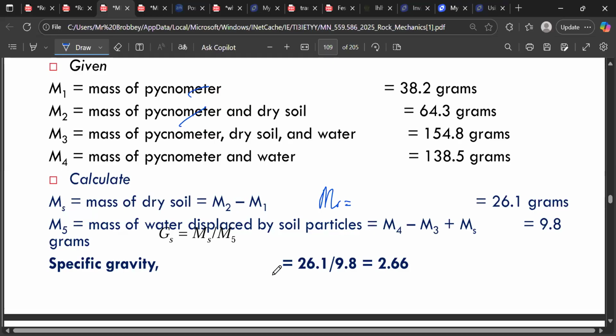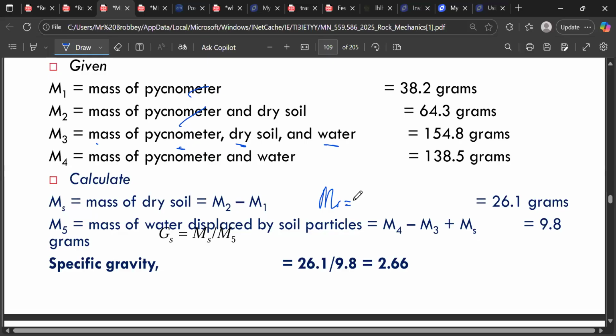Then you put that somewhere, and the mass of water displaced by soil particles, M5, is M4 minus M3, which is the mass of the pycnometer, dry soil, and water, plus M soil again.